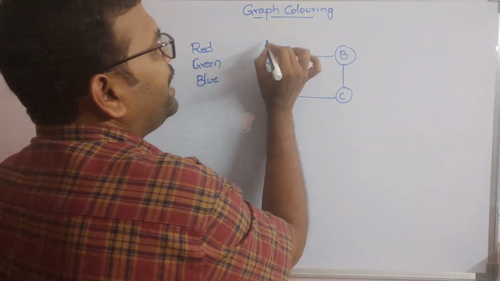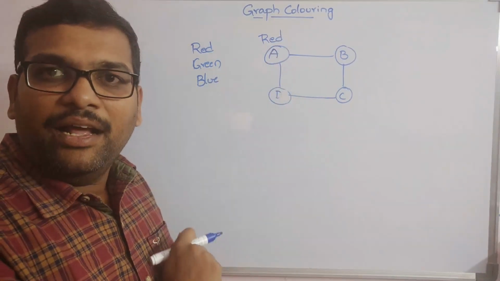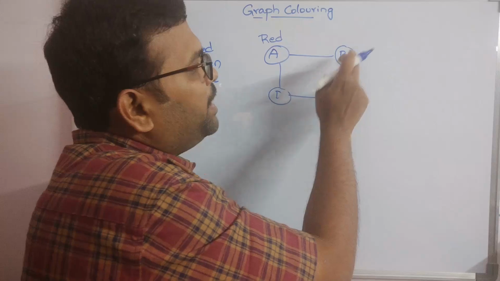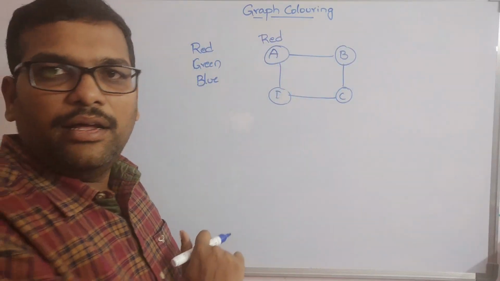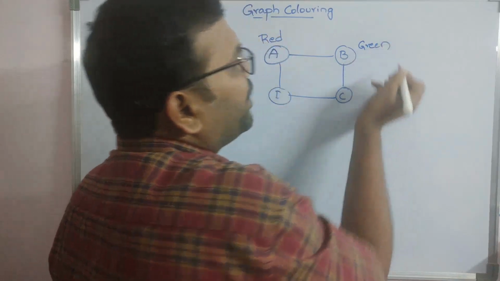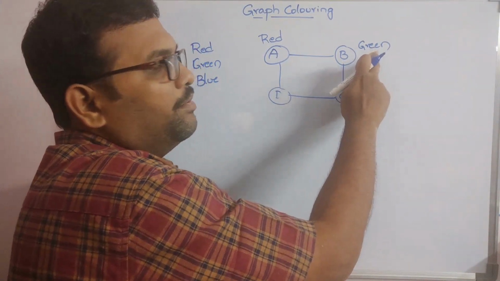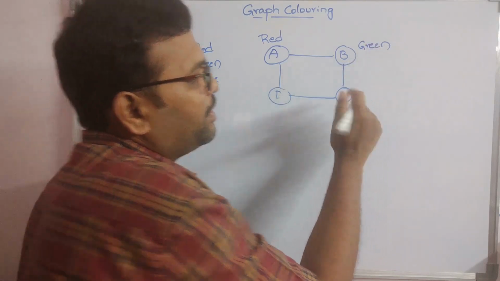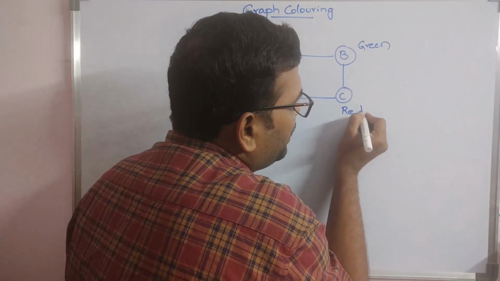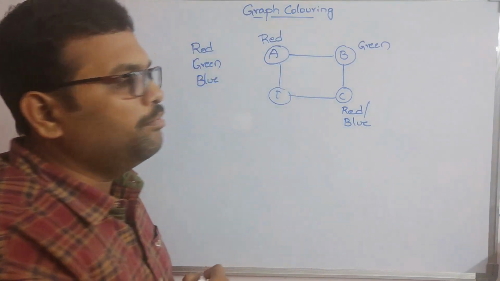First, if we color the region A or node A with red, the adjacent node B should not be colored with red. So you can color it with green. Coming to C, the third region, it should not be colored with green because it is adjacent. So it can be colored with red or blue.